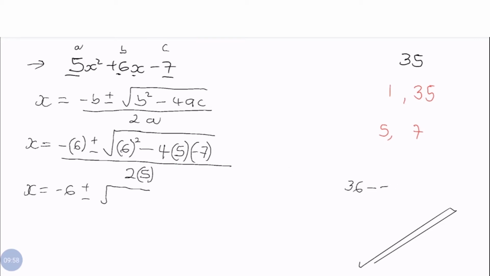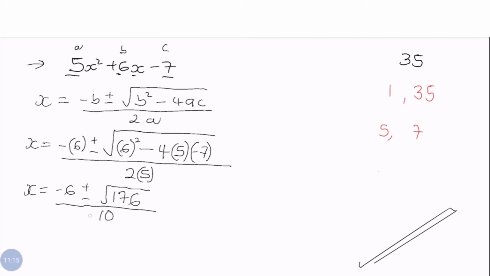So we will have -140. So 36 minus -140, which makes this a plus, which means it's 36 plus 140. That gives us 176. We'll put it under the root. So all this is over 2 times 5 is 10. So now we have x is equal to -6 plus or minus root 176 all over 10.